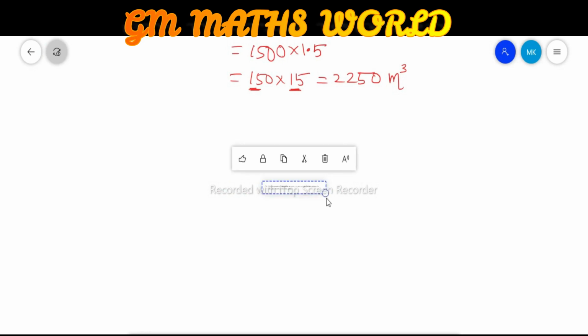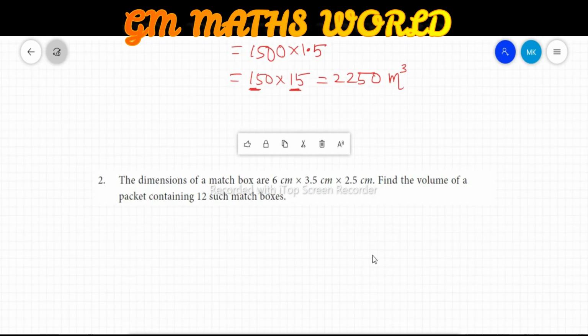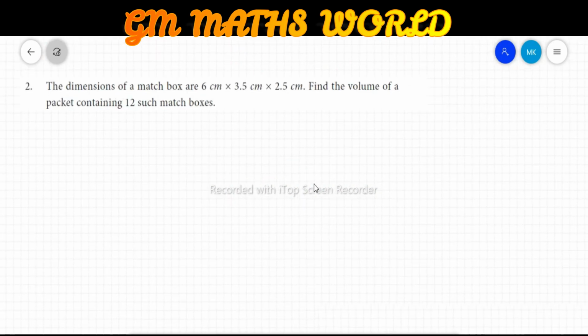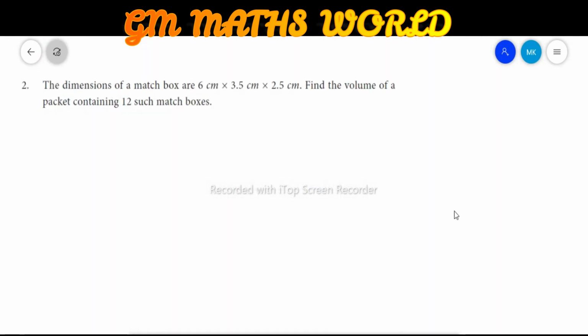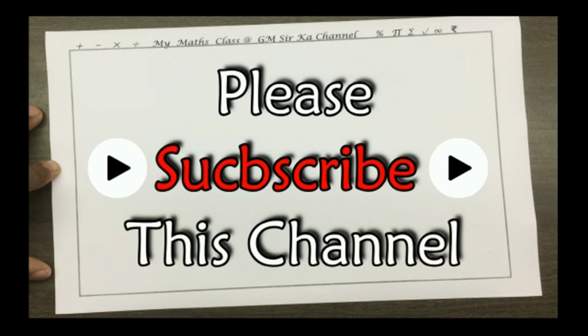Second problem. The dimensions of a matchbox are 6 centimeter by 3.5 centimeter by 2.5 centimeter. Find the volume of a packet containing 12 such boxes. So first we note down the length, breadth, and height of the matchbox.